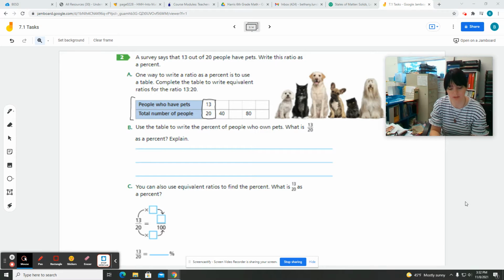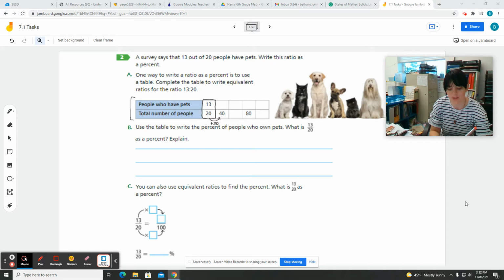We have 20 to 40. And when we go to 20 to 40, what do we do? We take 20 times 2, right? This might actually be a little bit easier. So yes, we multiply by 2, but we can also add 20. We just add another 20.